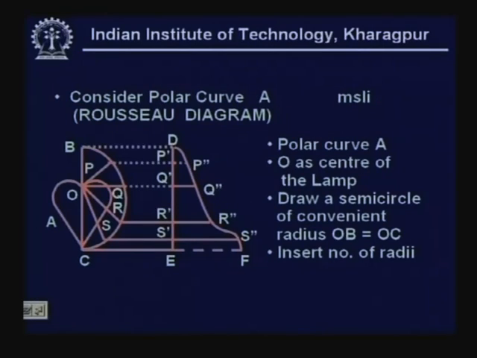Now, let us say the second radial meets at P, and which is marked at P prime on the line DE, of length P prime P double prime, that is the radial distance from O to P on the polar curve. Similarly, another radial we are seeing cuts the polar curve at Q.